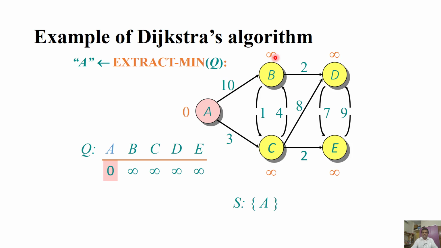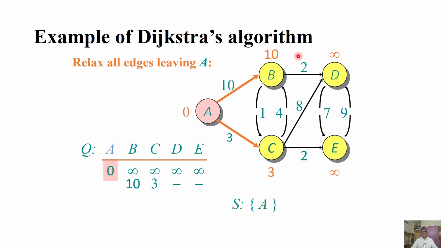So this will change to 10. Similarly, this will change to 3. So the key value of B will change to 10 and the key value of C will change to 3, and this one remains infinity.